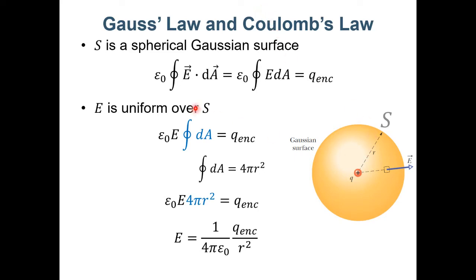This is how we derive it. The first line is Gauss's law from the previous page. We define the Gaussian surface to be a sphere, and a positive charge Q is at the center of this sphere.